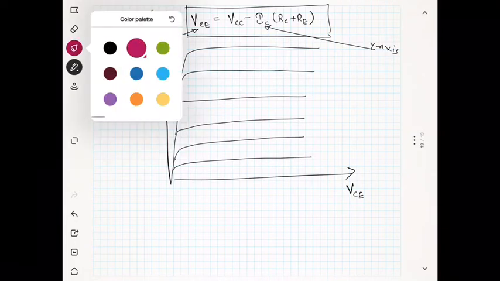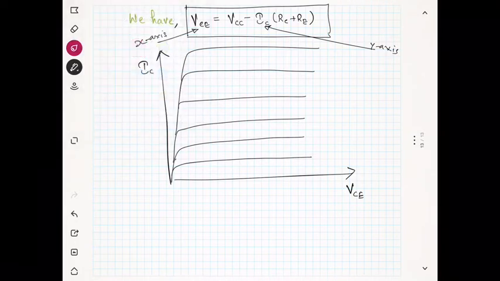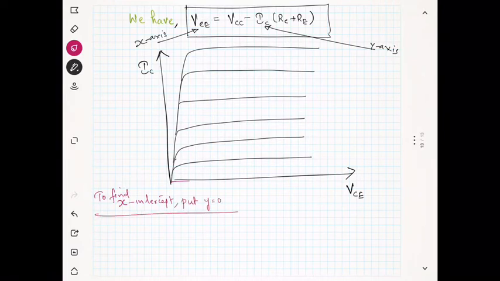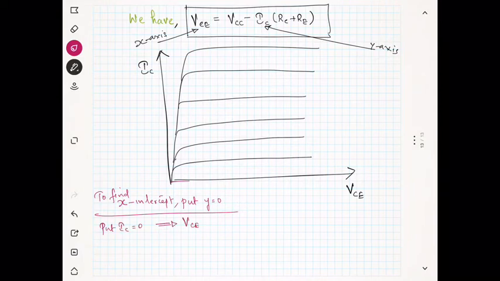Now to draw this load line, you have to first find the point on the x-axis. To find the x-intercept, put y equal to 0 in the equation. You know that y is nothing but IC. That means put IC equal to 0, that means VCE is equal to VCC.